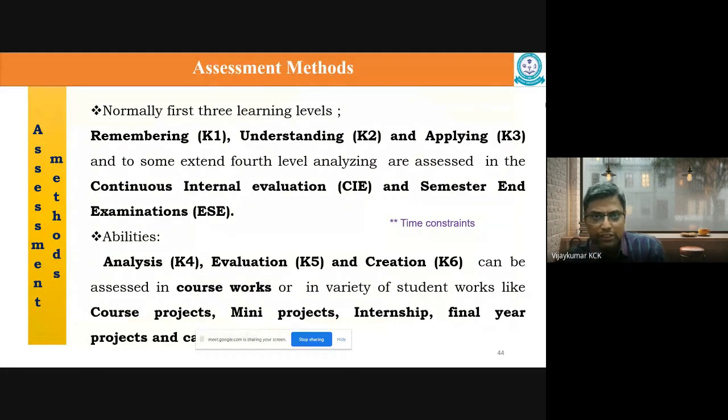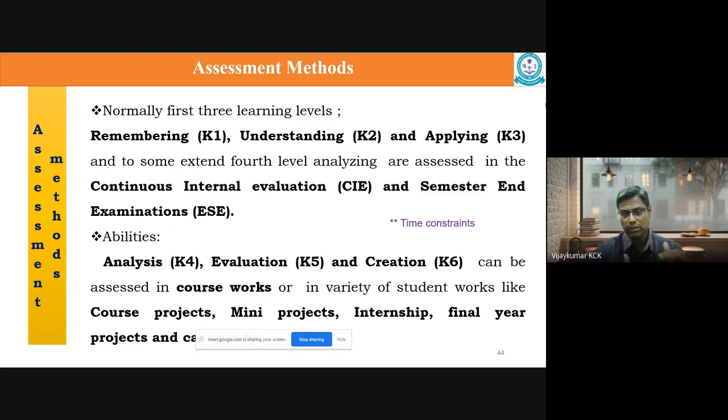Next, normally how the assessment pattern is done is the assessment method K1, K2, K3. Normally we will do it either through continuous internal assessment or semester internal examinations. Due to time constraints, K4, K5, K6, please note, in general, are not that accommodative.